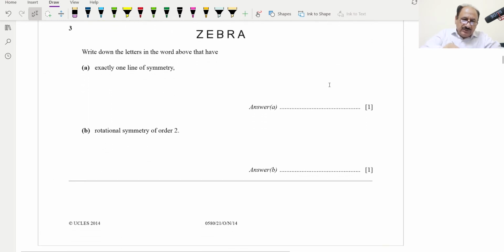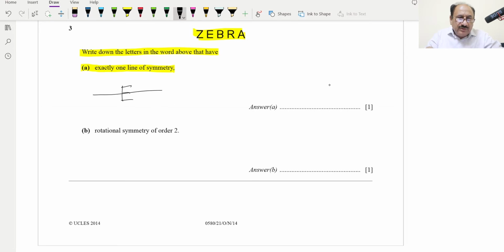Now question number 3, they have given this word, ZEBRA. Write down the letters in the word above that have exactly one line of symmetry. For example E: we cannot draw any other line, this is the only line of symmetry which we can draw.